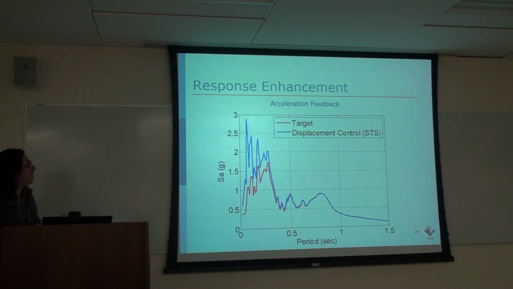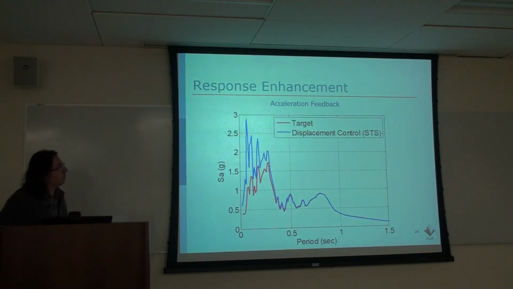Okay, so here I will show the improvement when we have the TVC in terms of acceleration tracking. This is the response spectrum of the target accelerations and response spectrum of the measured accelerations when we have only displacement control.